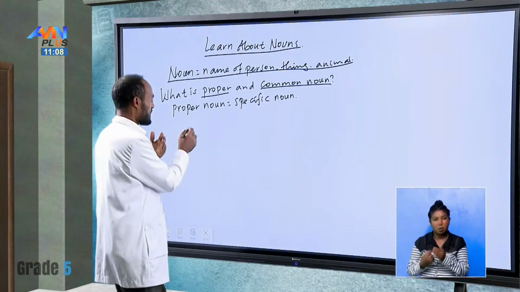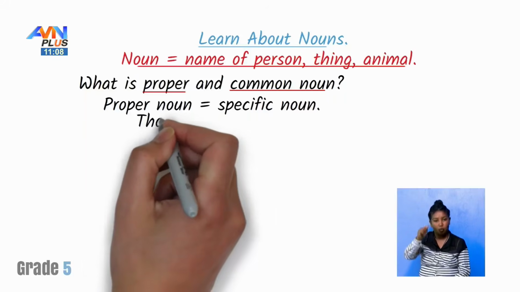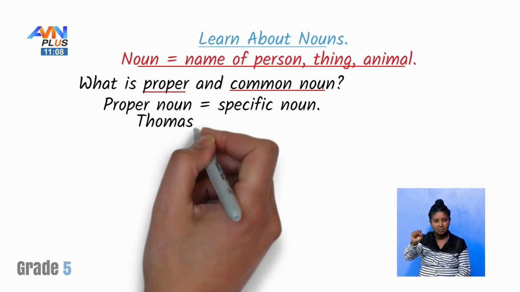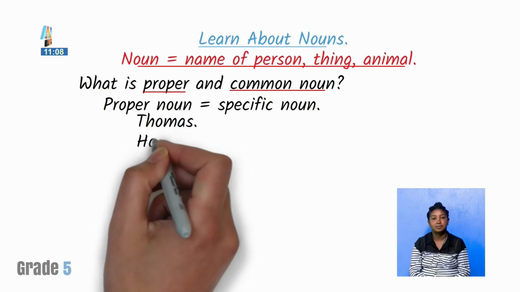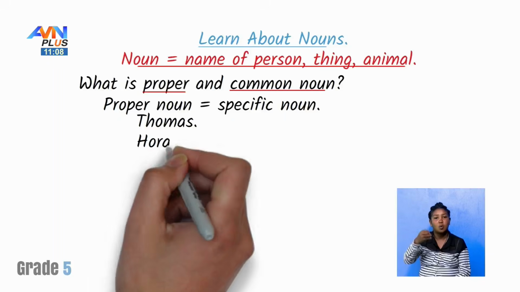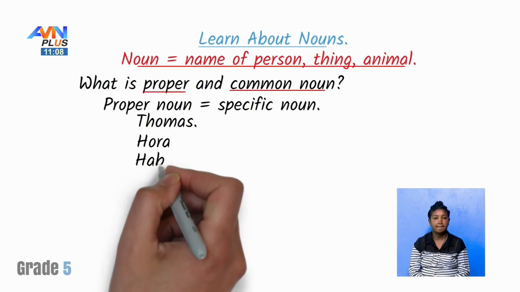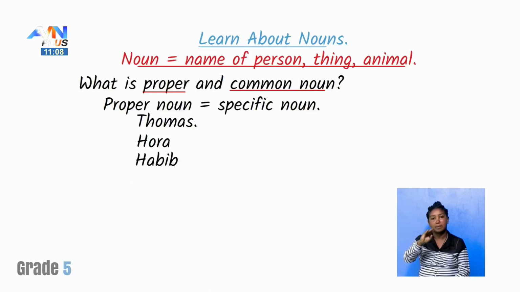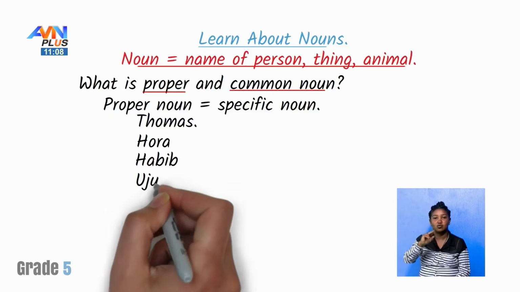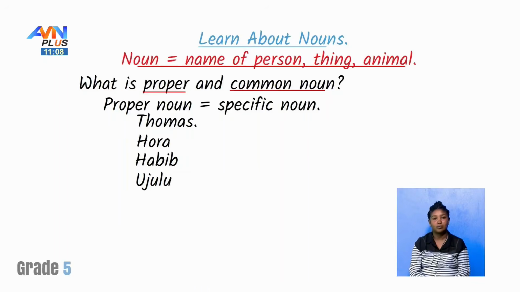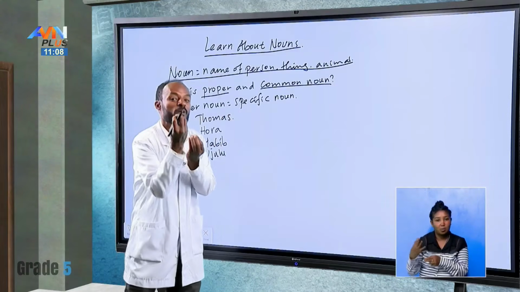For example, when we say Thomas, when we say Hora, when we say Habib, when we say Ojulu, these are proper nouns because they are specific names.